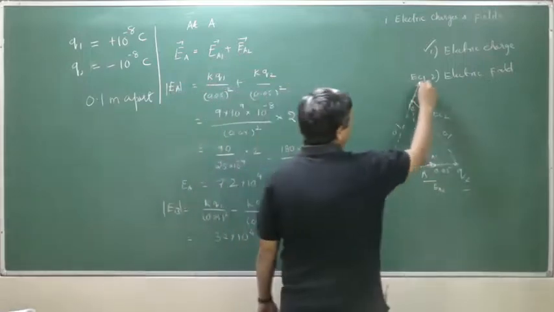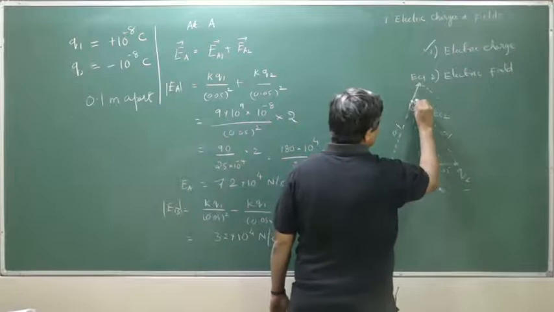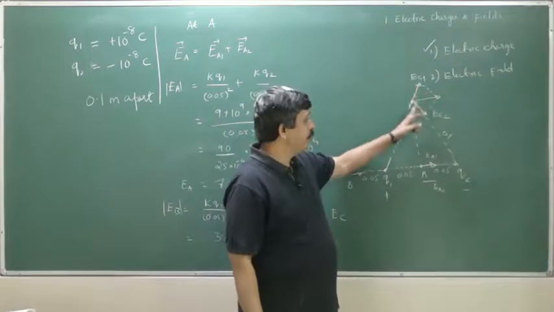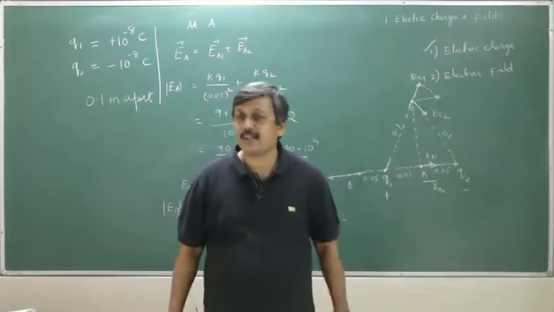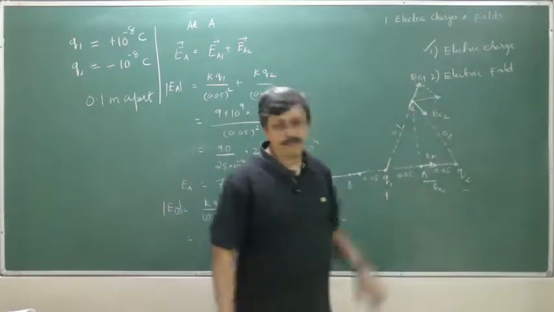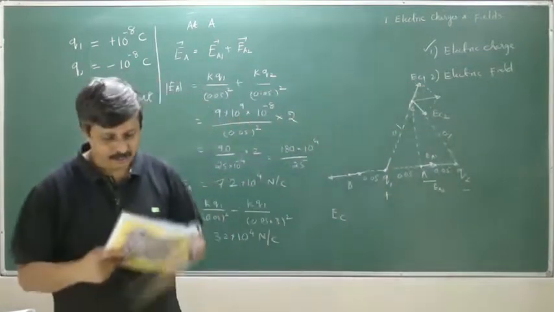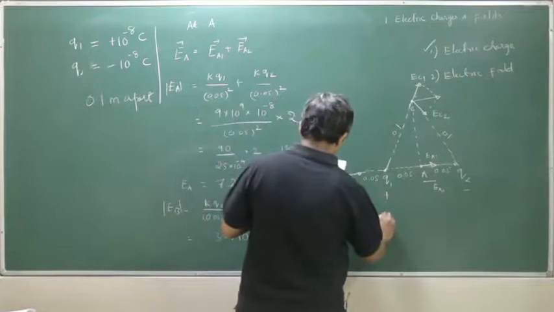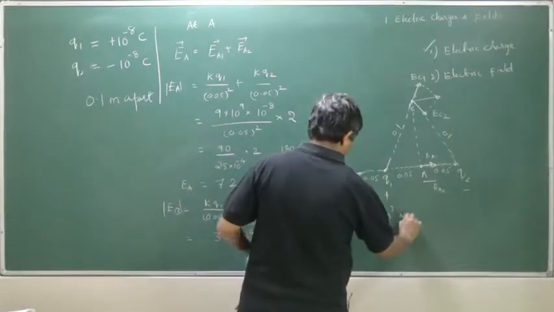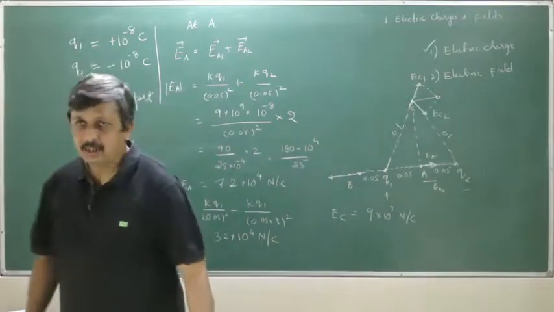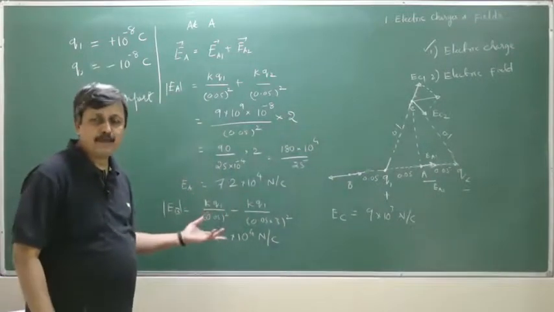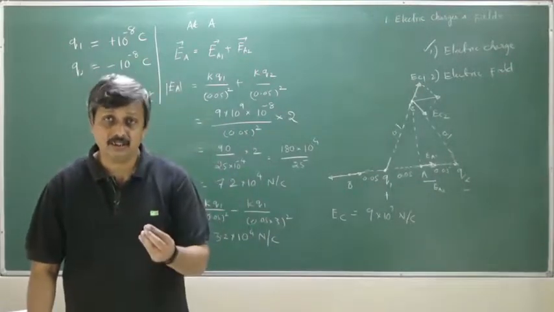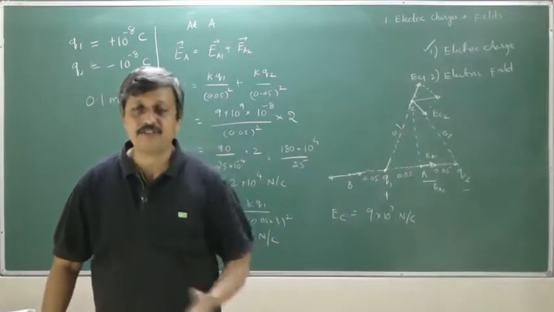You can calculate this and figure out that this length will be the same as this length. Using a right angle and an equilateral triangle, you can calculate one of them and the other will be the same. The outcome is 9 into 10 to the power of 3 newtons per coulomb. So this is how you can calculate E at various places. It is just an example to calculate E for different charges distributed as a system of charges.